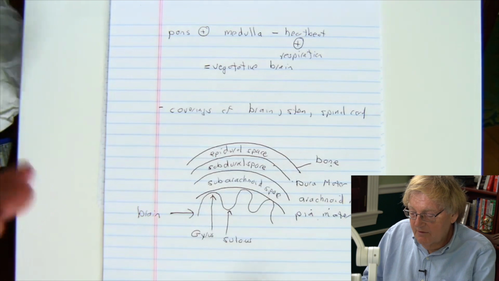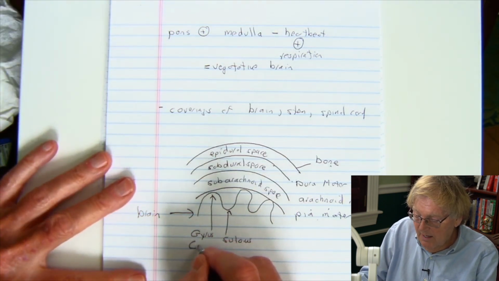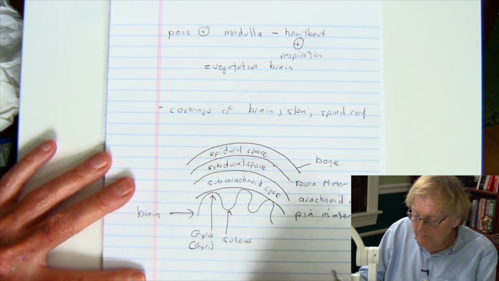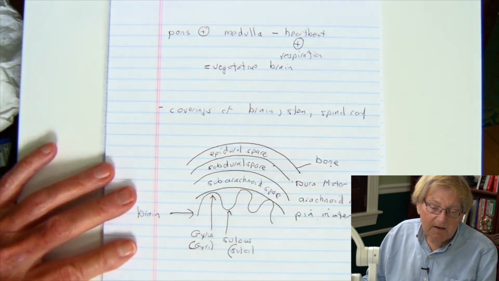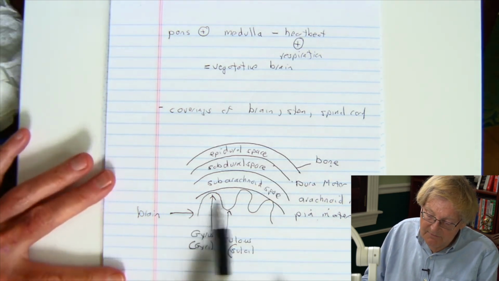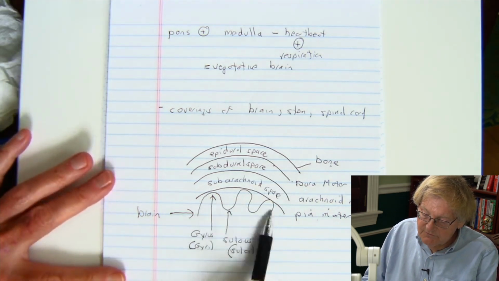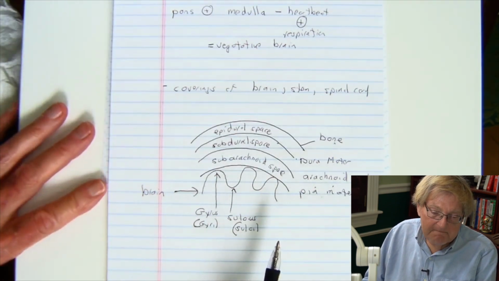Those gyri, G-Y-R-I, which is just plural for a gyrus, and the sulci, plural for a sulcus, are what compress my brain and give that elevation and depression surface that you see when you open or take off the calvaria.